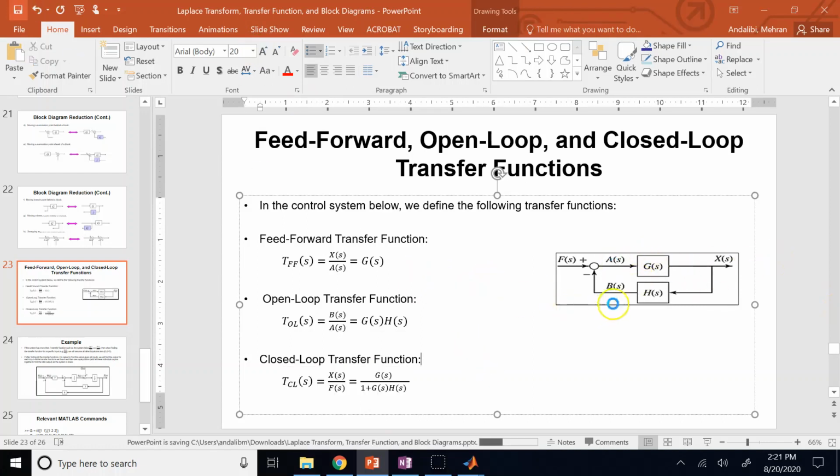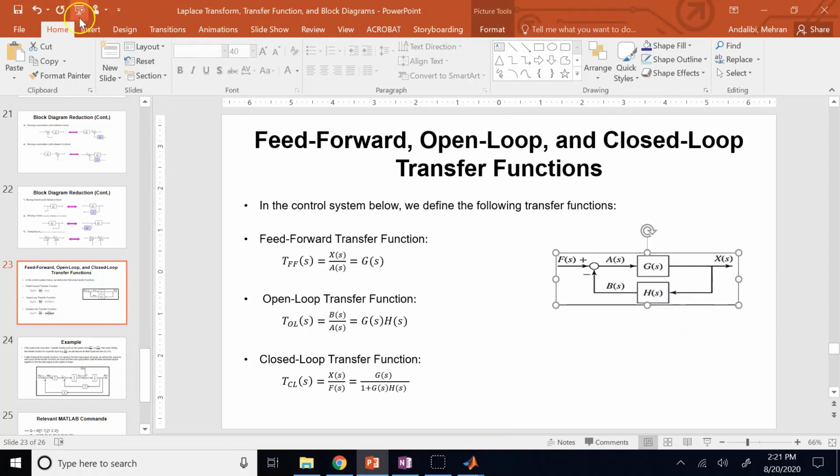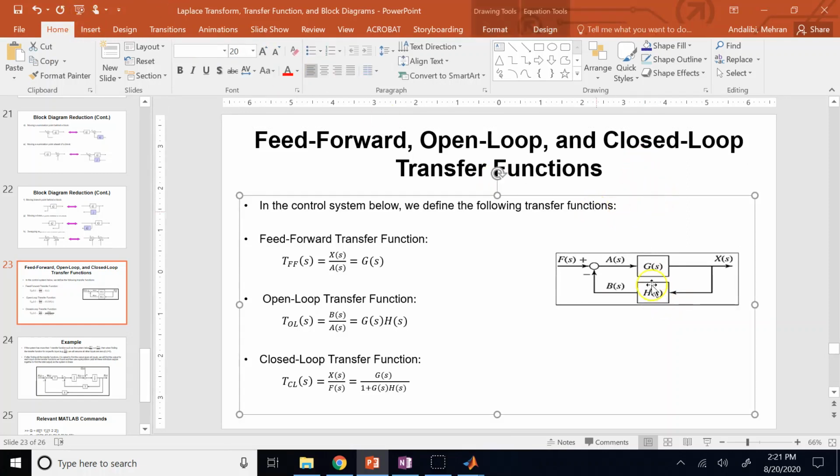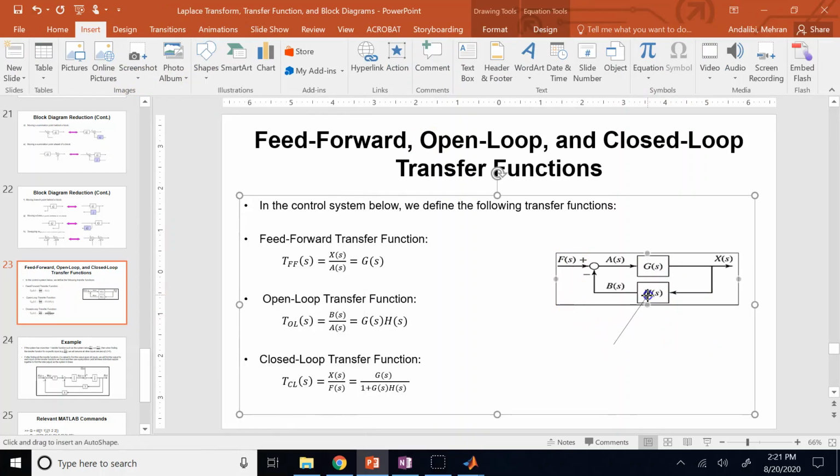So H, we can also call the feedback transfer function, right? If we want, we can add that, but it's obvious. Feed forward, feedback, open loop and closed loop transfer functions. Let me add that since I mentioned it.